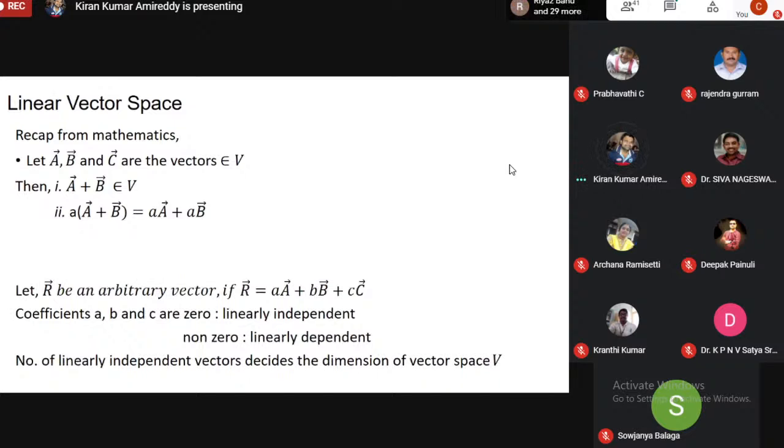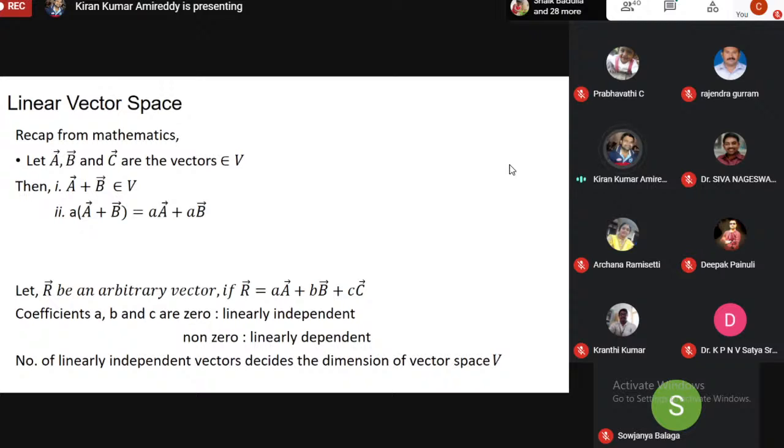Then how we can see the dual nature of the particular quantum state, how it is related to the vector space, and what the analogies are between the linear vector space and the quantum state of mechanics.